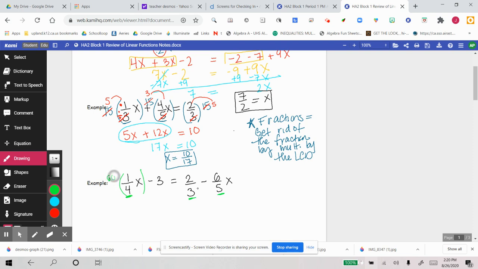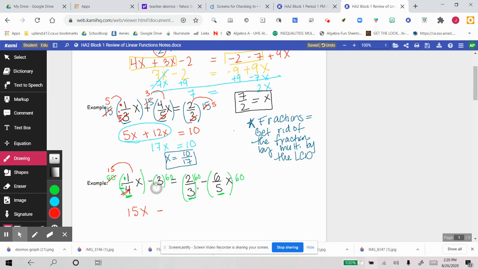So I'm going to multiply this by 60, multiply this by 60, multiply this by 60, and multiply this by 60. So again, the numerator is multiplying, the denominator is dividing. So 4 goes into 60 15 times. 15 times 1x is 15x.